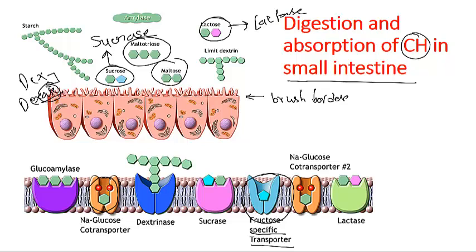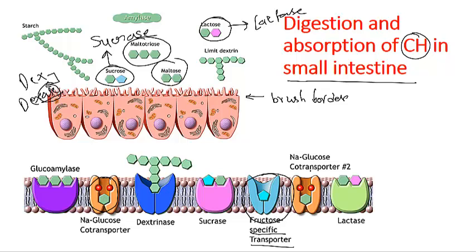Once inside the epithelial cell, all the monosaccharides exit the basolateral side of the cell via the same type of transport molecule through facilitated diffusion, into the capillaries, and spread through the body to the rest of the body cells.